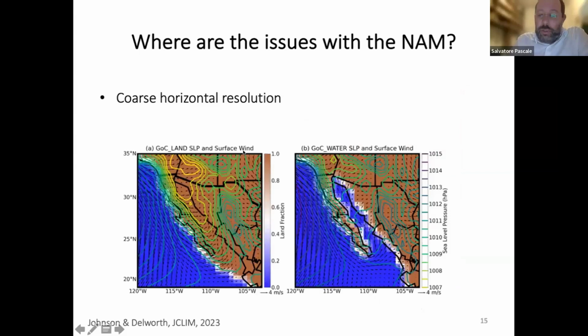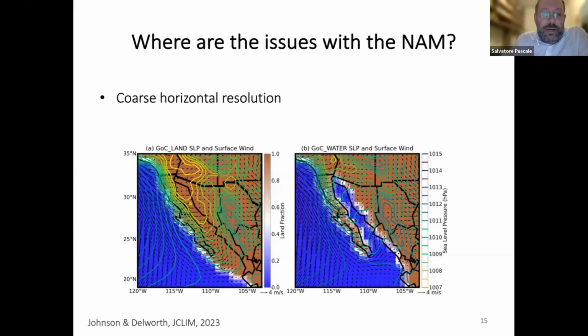This is an issue because a very nice recent paper by Johnson and Delworth shows the effects you have in the simulation of the North American monsoon if you don't properly represent the Gulf of California. Most GCMs with coarse resolutions, or even with a resolution of 100 or 50 kilometers, have a Gulf of California which is either covered by land because it's not represented, or partially covered by land, okay?